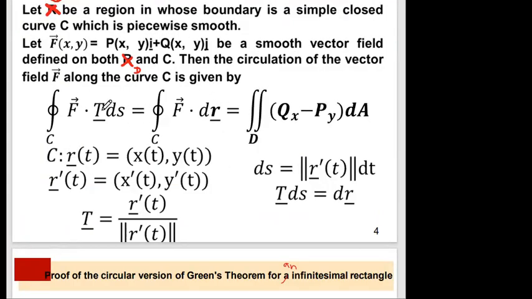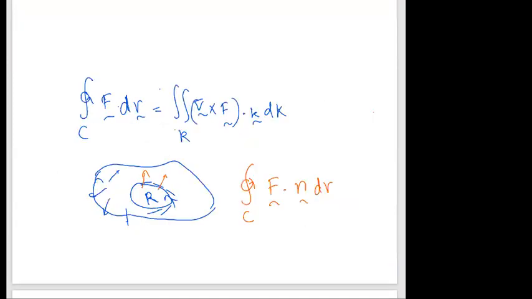Okay, I will use this notation. Yeah, that is very clear. So this is a tangential component, the first one.